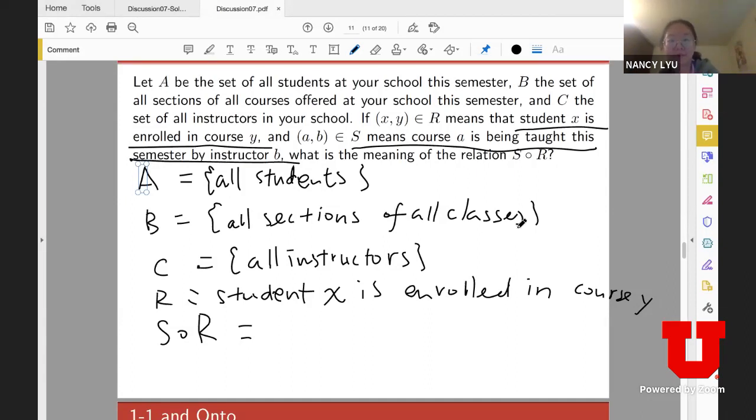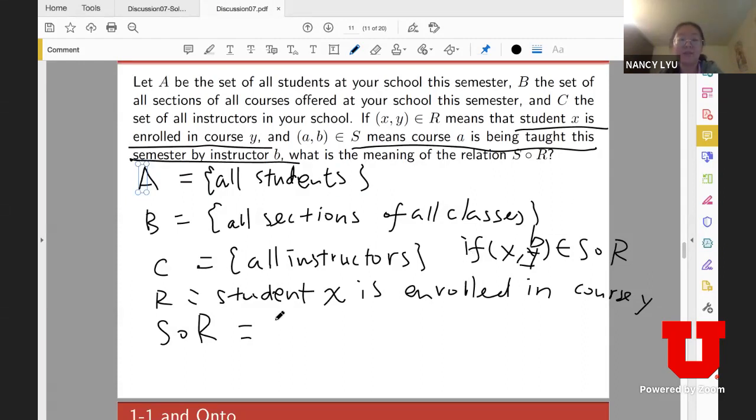So if we have (X, Y) in the composition of S and R, that means we have student X and instructor Y. Or I'm not sure if that way would look better, (X, B).